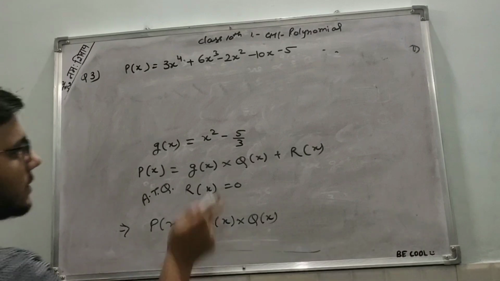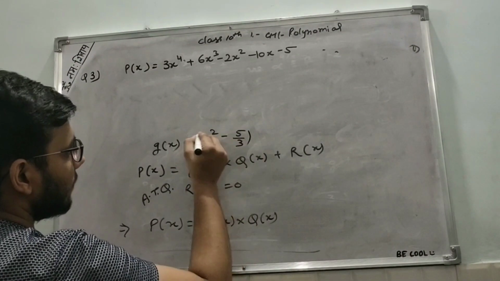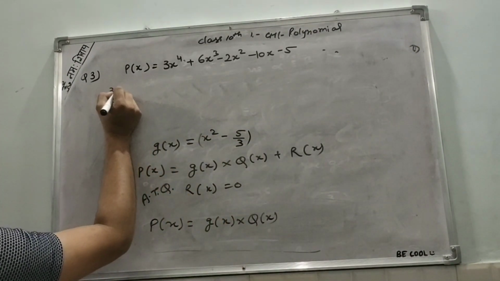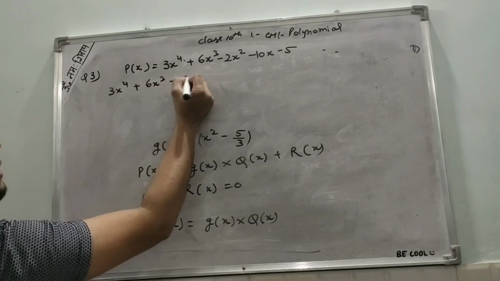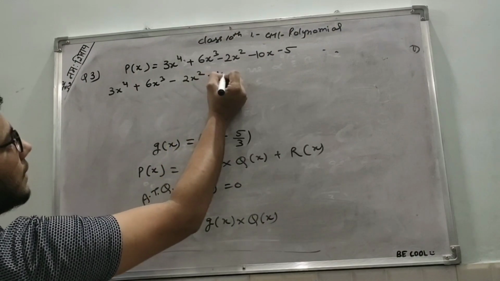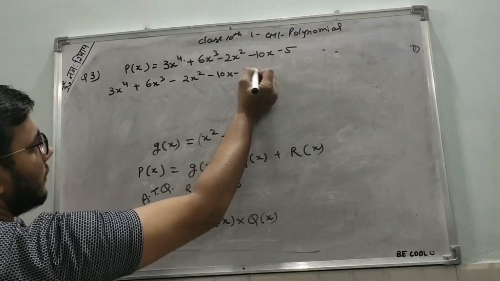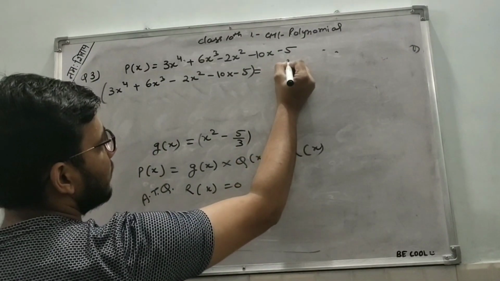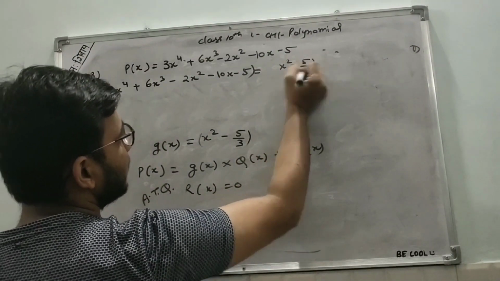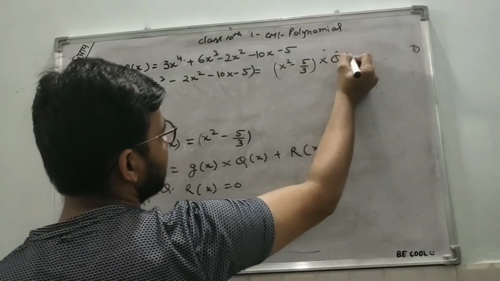Substitute the values of p(x) and g(x). We get 3x^4 + 6x^3 - 2x^2 - 10x - 5 = (x^2 - 5/3) q(x).